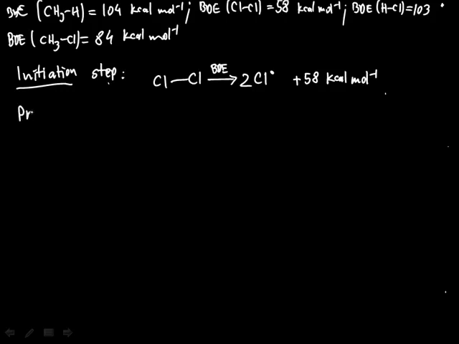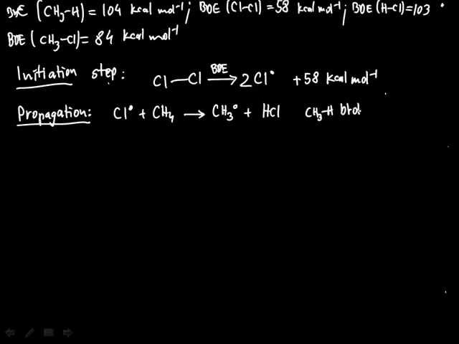Now the second step is propagation, and remember in the propagation step we actually have two sub-steps. The first one is the reaction of chlorine plus CH4 to give us CH3 plus HCl. Now here we break the CH3-H bond, and so this comes with a price of 104 kilocalories per mole.